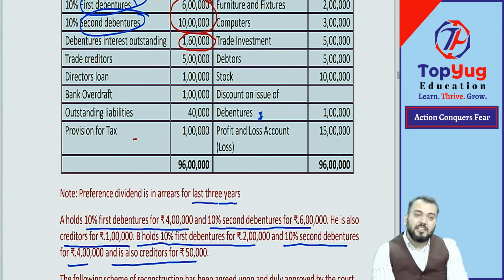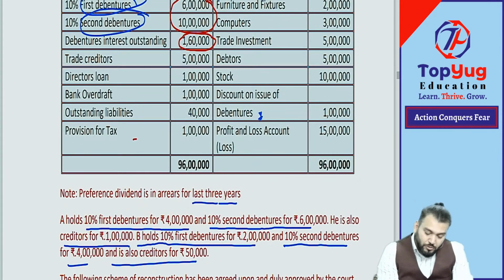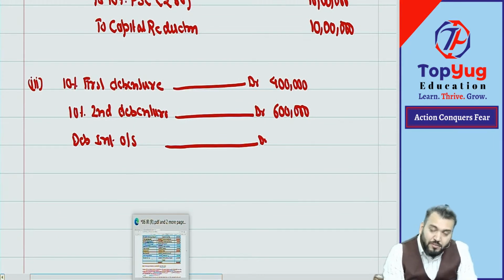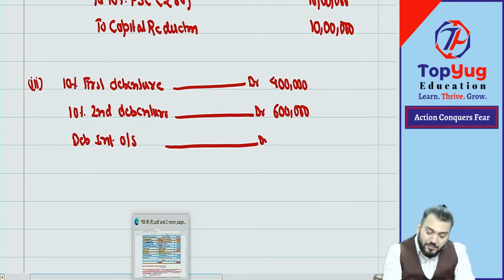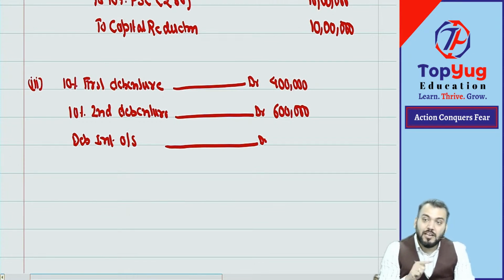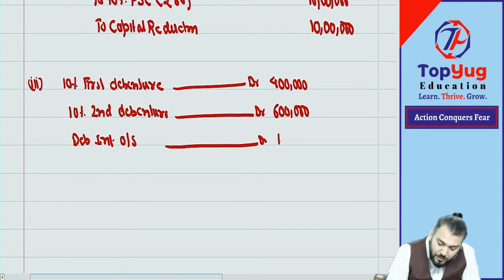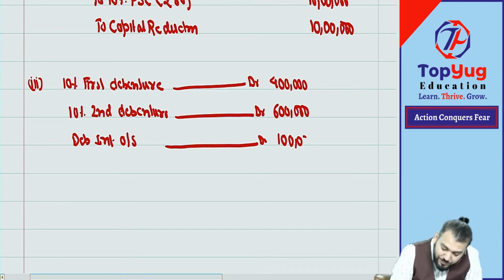It means can I say the entire debenture interest is outstanding, not yet paid. 1,60,000 is the 12-month interest that is not yet paid. So in this way, for Mr. A, debenture interest outstanding will be 10% of 10 lakh. So 10% of 10 lakh will be how much? 1 lakh. Have you understood this point?